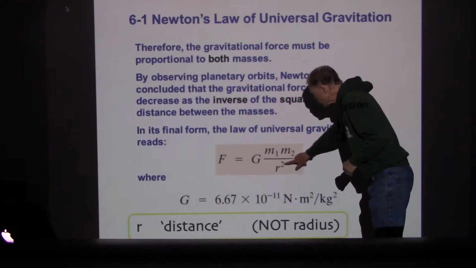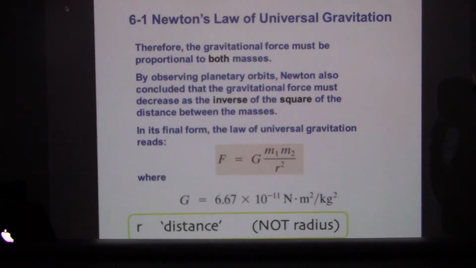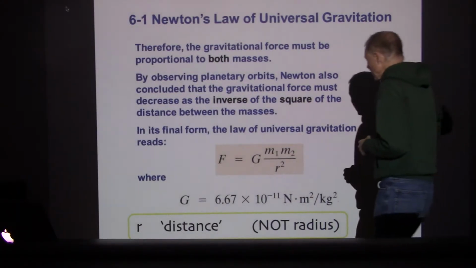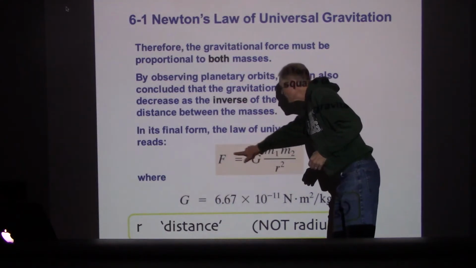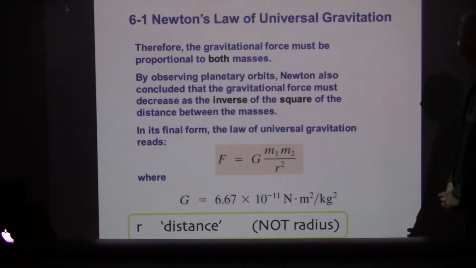The meters squared cancel out the distance units in r. And then the last units we have are newtons, because the force is going to get measured in newtons. So that's what the gravitational force formula looks like. That's the gravitational force constant.